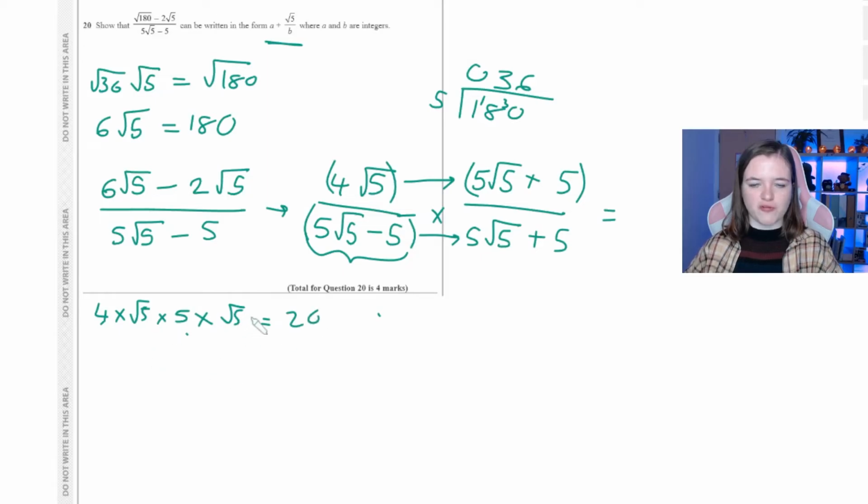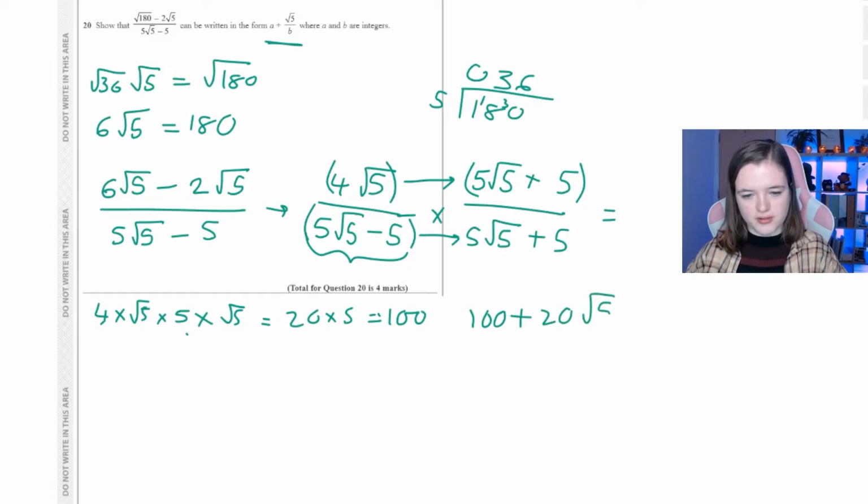Root 5 goes with root 5, makes root 25, and that makes 5. Times that by 5, which is then 100. That's the bit. And then I've got one more, 4 root 5 times 5, that is plus, that I've got on top, I've got 100 plus 20 root 5.